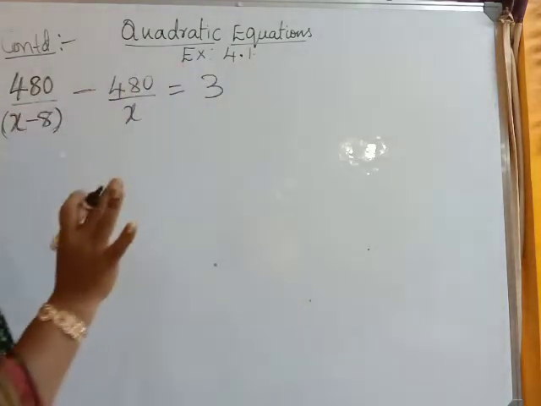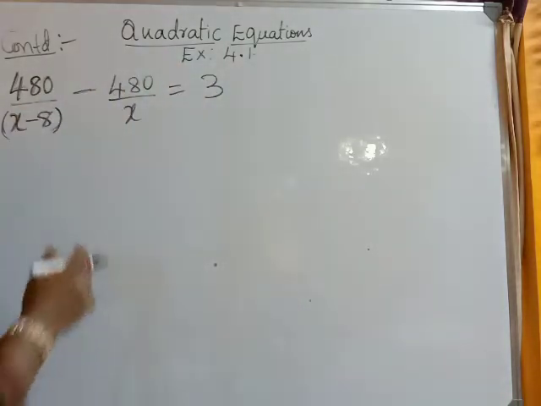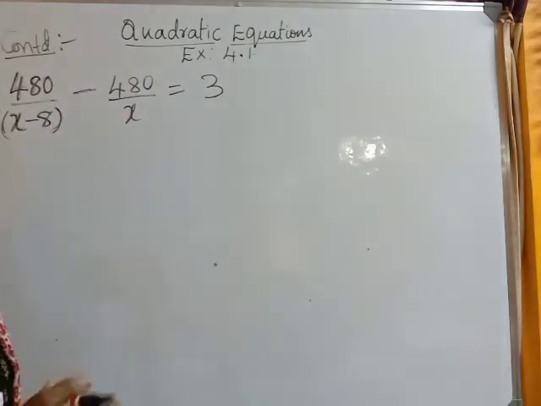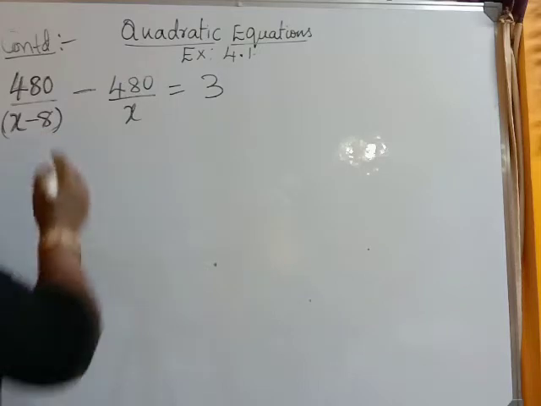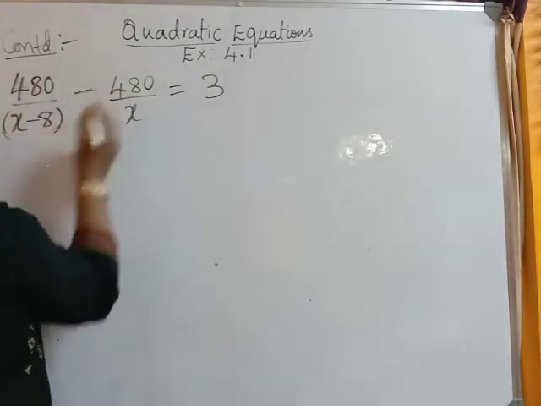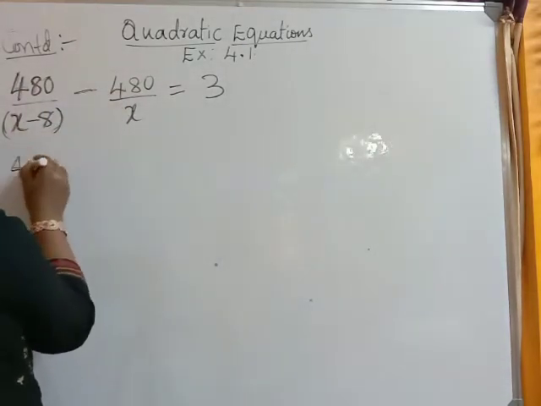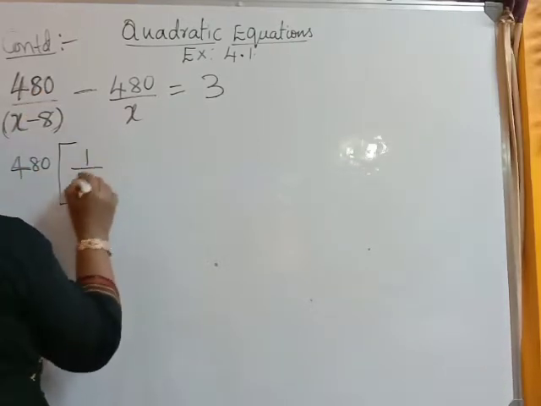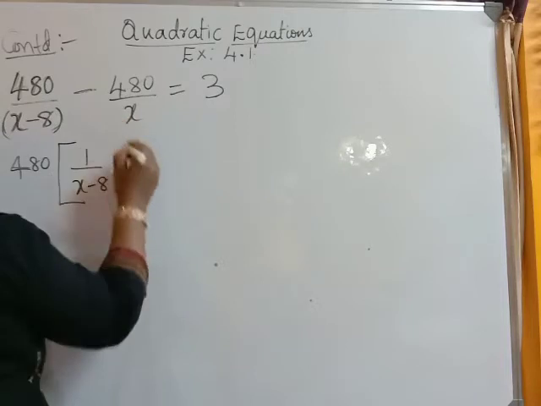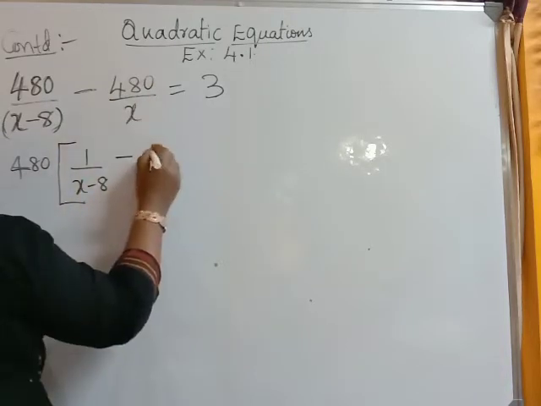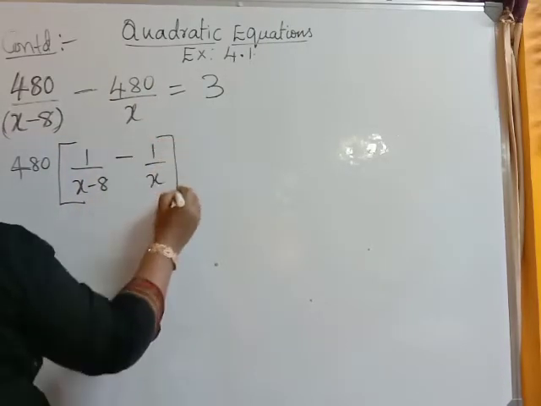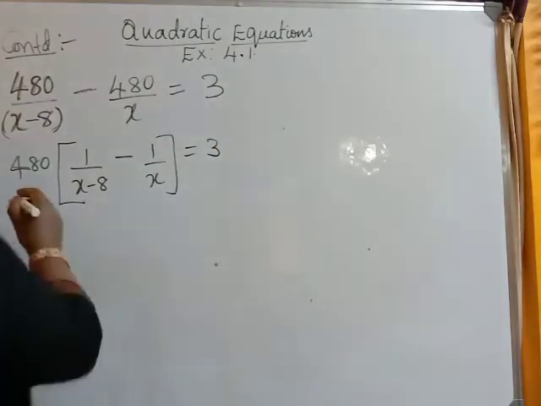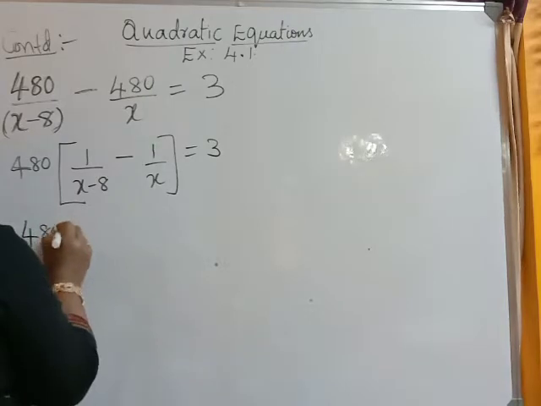So you have to find the speed of the train. Now the simple way of doing this problem is to take 480 out as a common factor, which will be easy for you. Here 1 by x minus 8 minus 1 by x is equal to 3. Keep 480 as it is.